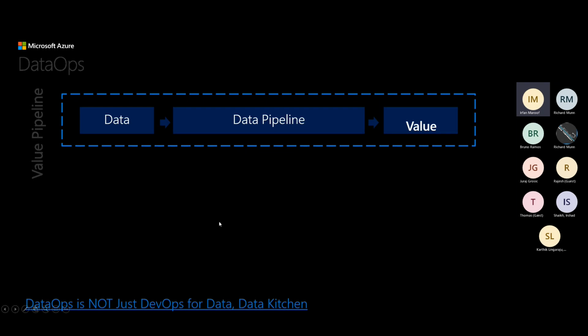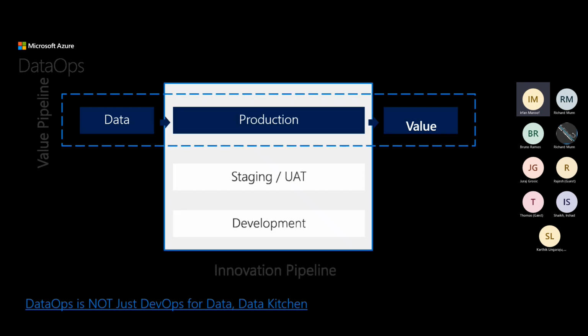Even if you see here the value pipeline, it takes the raw data, and then you have a data pipeline, that's your well-tested code. It has all the analytical things that you want to apply on your data. You apply that, and then you get the value from it, and that's what your end consumers are accessing. So it's one horizon of this. And if you see from the other side, there is another part, and that's the innovation pipeline.